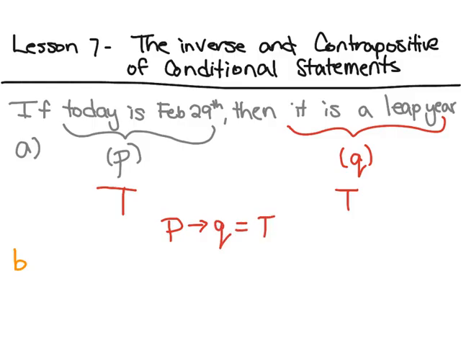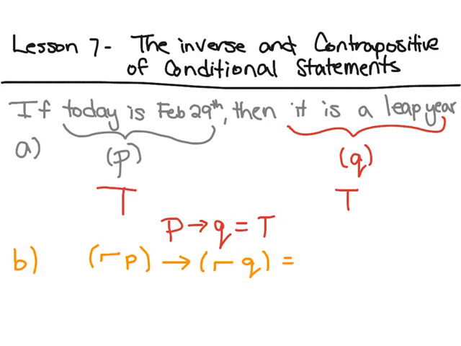B, we want to find the inverse. So the way that we show this is not P, and that's the sign for not P. So not P, then not Q. And we want to see if that's true.